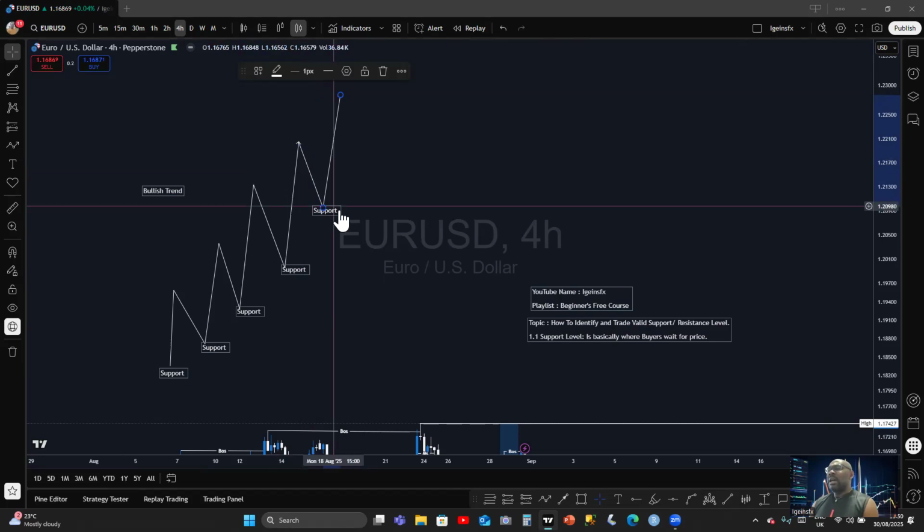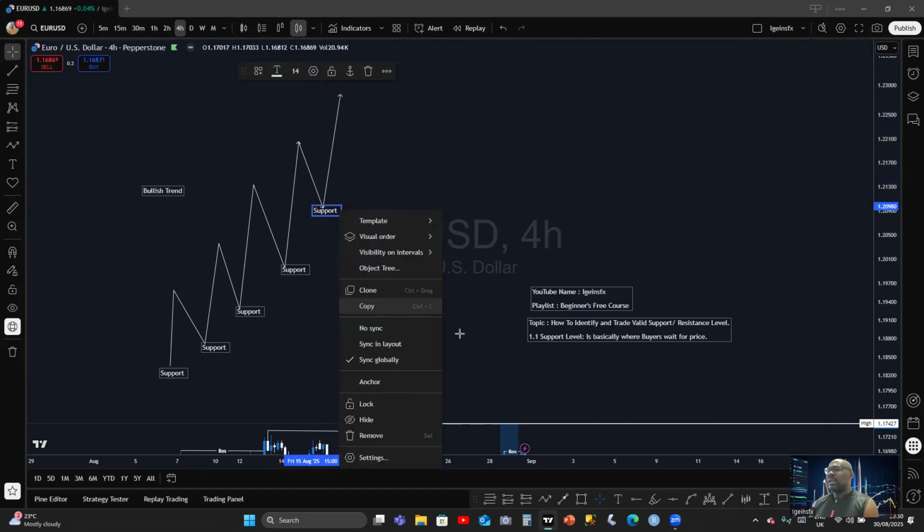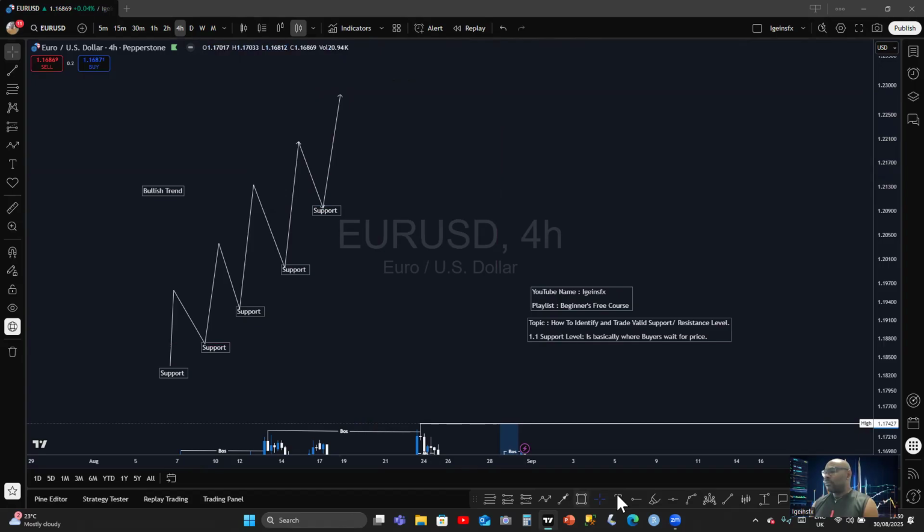So once it gets here, buyers will wait for price here. This is support, and let's put it buyers. They'll wait for price here. As soon as price gets to this point, they will buy.